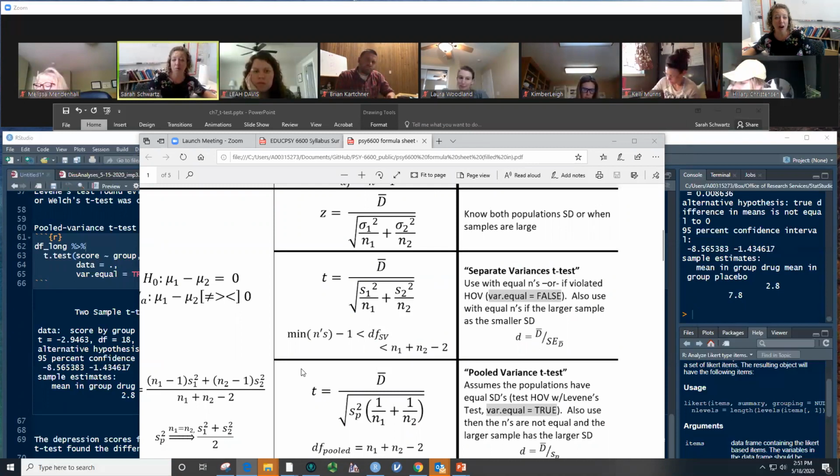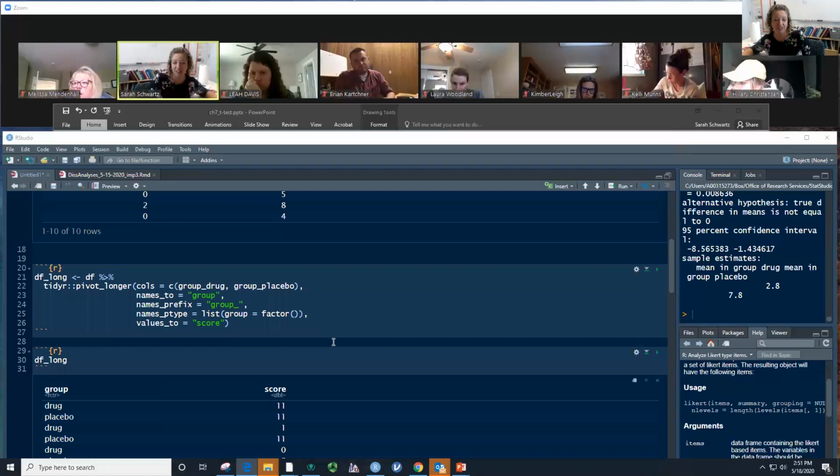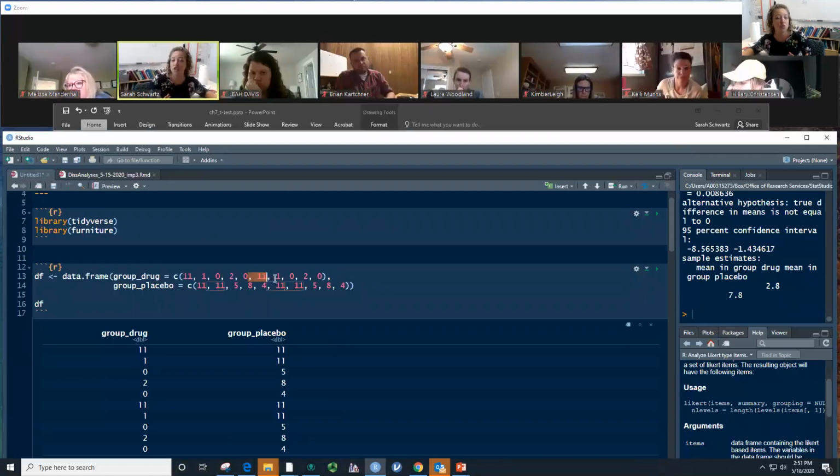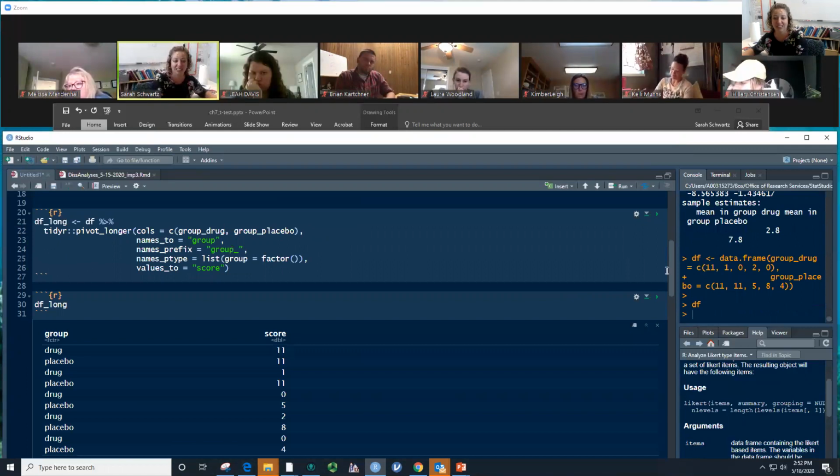Both of those are part of doing the test. So this time we found with the original data with only 5 and 5, even though there was a numerical difference, that the averages were different numbers, there was not enough evidence to declare statistical significance.